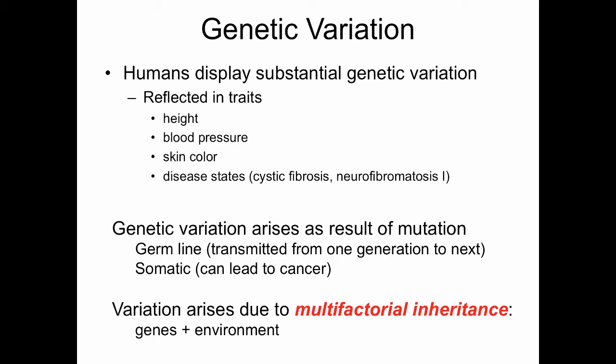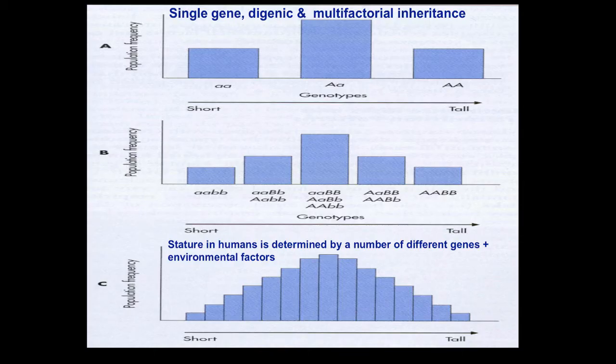We also know that variation arises due to multifactorial inheritance, and we'll have a lot to say about multifactorial inheritance throughout our course. That relates to genes interacting with the environment, especially when you can't attribute traits just to one gene. This is just a diagrammatic example to give you a sense of what a single gene trait might look like and how it would be expressed, how a digenic trait would be expressed, and then multifactorial inheritance.